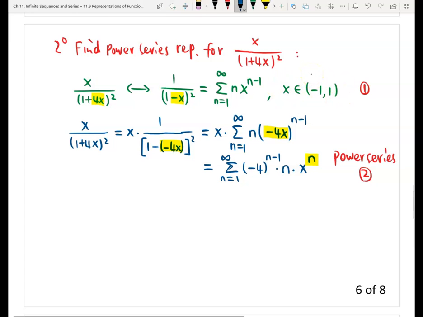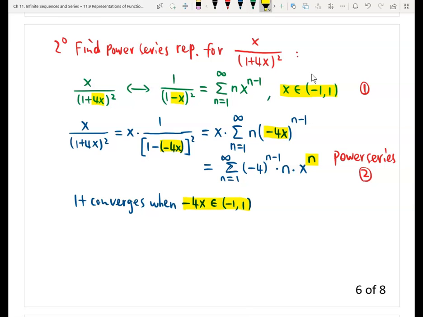Therefore, if I write this, our power series 2 converges when negative 4x, because this is the substitution, follows this domain. So negative 4x should belong to negative 1 to 1. Does this make sense?